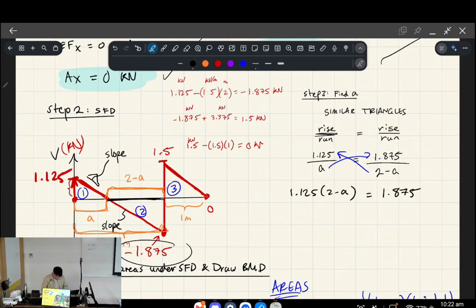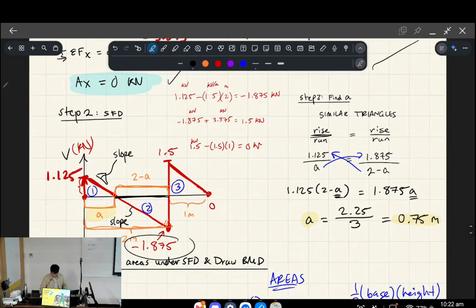And we can essentially group the like terms and then solve for A. We can group A and A from both sides, and we get A is 2.25 over 3, which gives us 0.75 meters. So now we've figured out this distance here, A. It's 0.75 meters. Any questions about similar triangles?